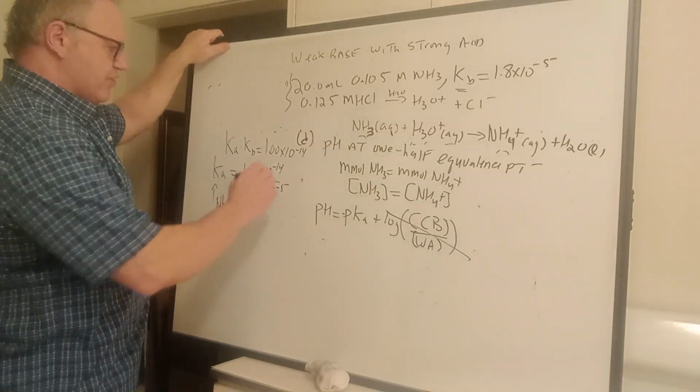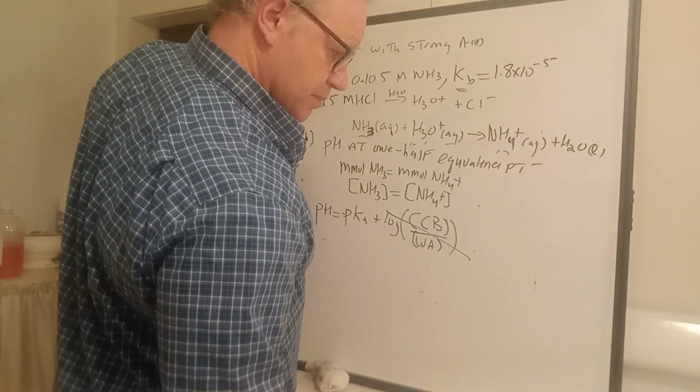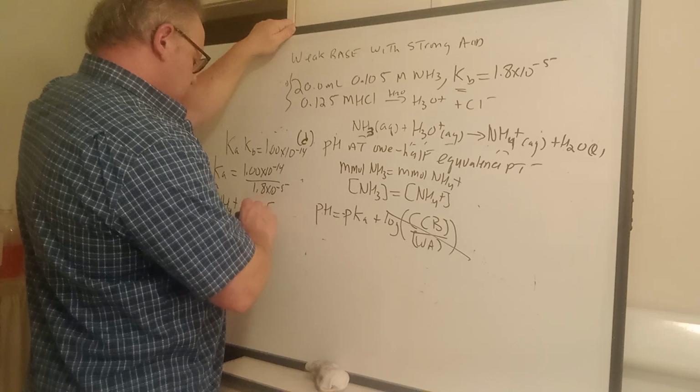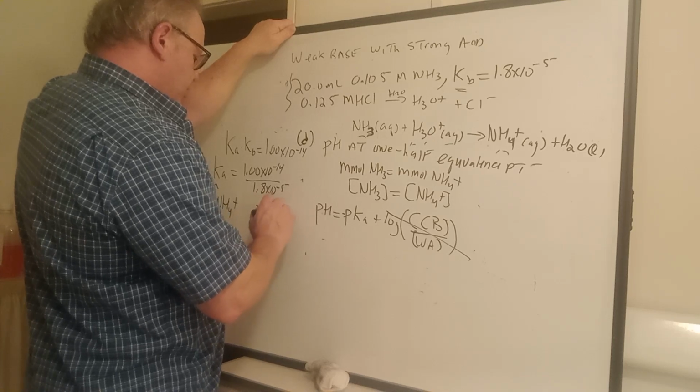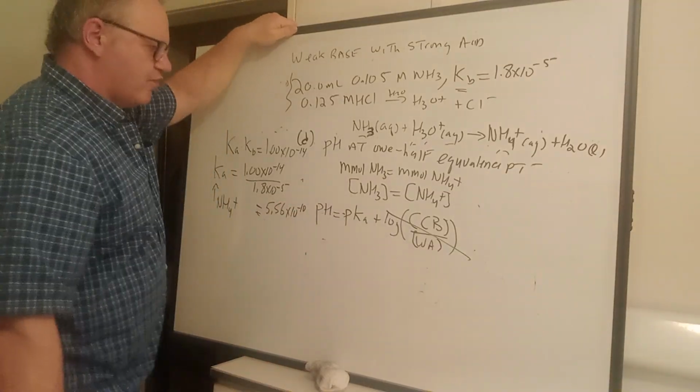That's the Kb given. I have to look in the calculator what this is. 5.56 times 10 to the minus 10, that makes sense. 5.56 times 10 to the minus 10 is the Ka for the ammonium ion.